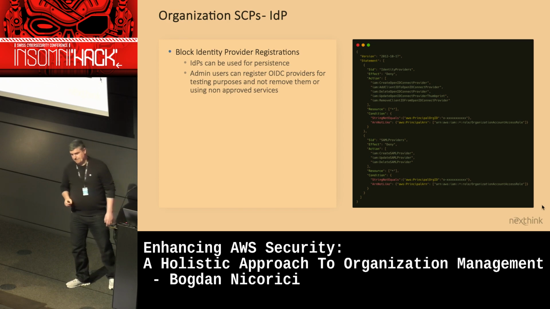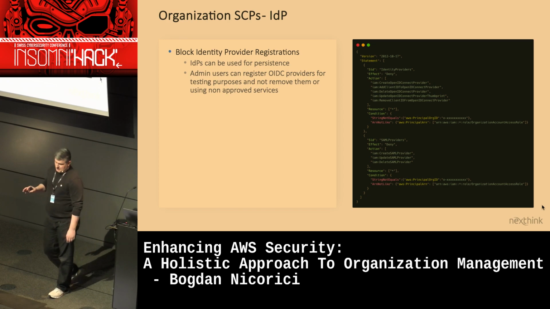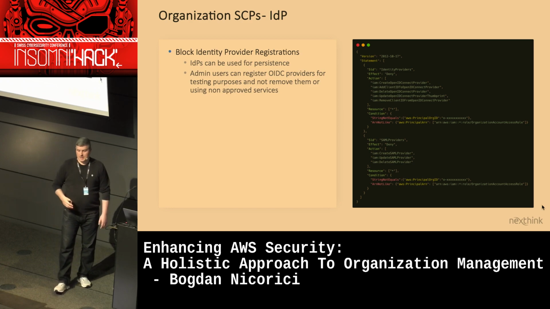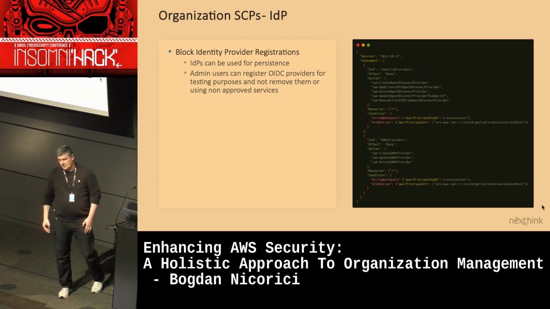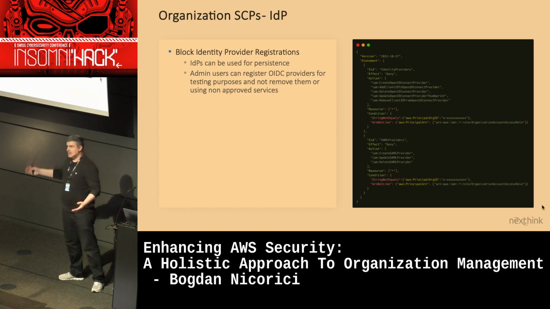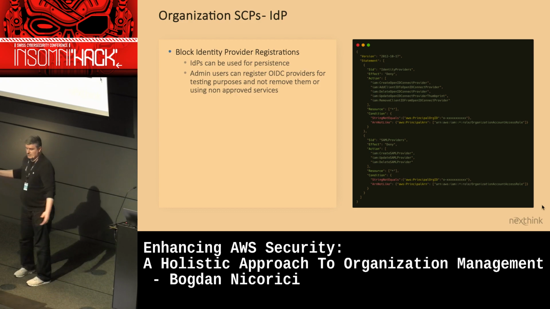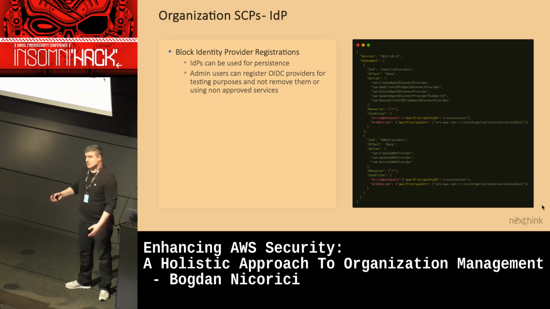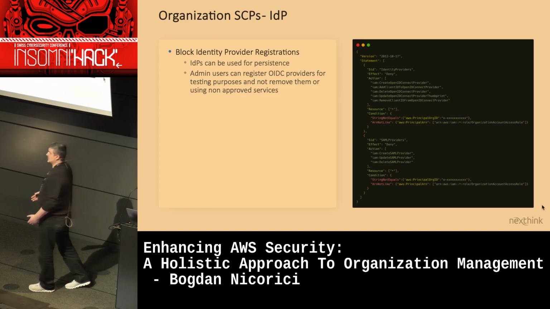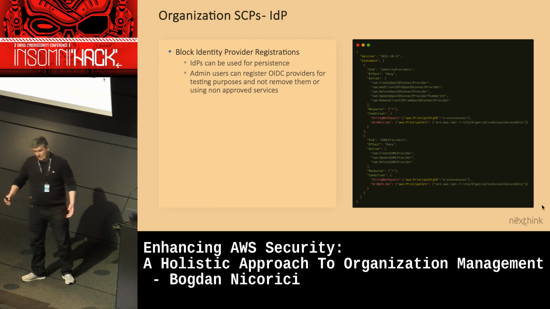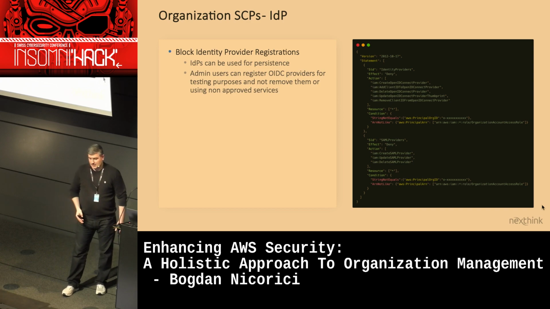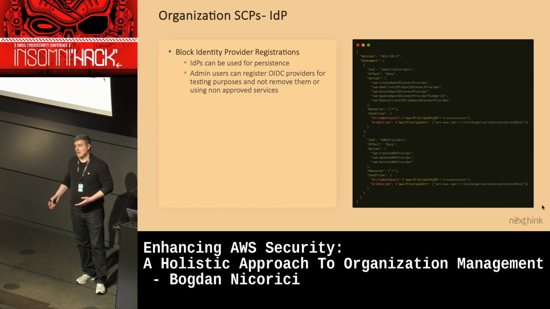Identity providers. I mentioned before that you have the IAM Identity Center of AWS, but you can also register specific identity providers. It could be GitHub, it could be Auth0, I forgot the name of the other service. But they can be used as a persistence mechanism. If someone has admin level access and can create identity providers, they can create roles which you have no idea about.